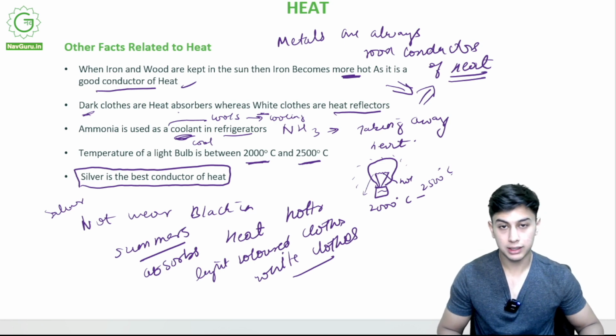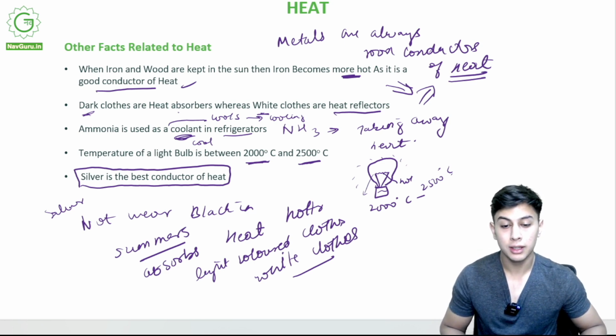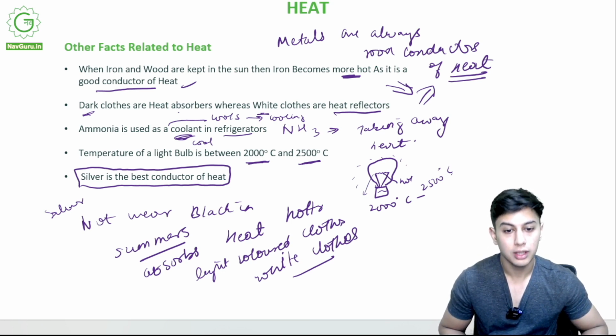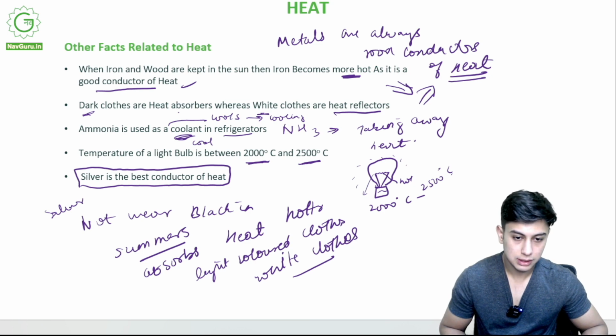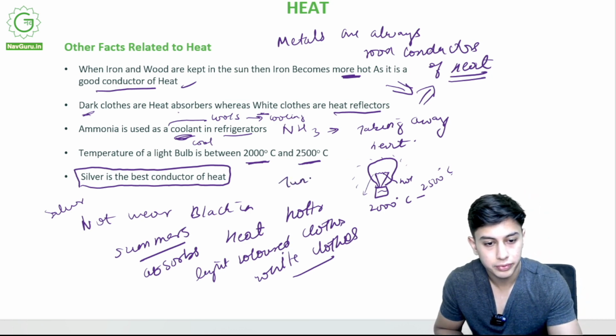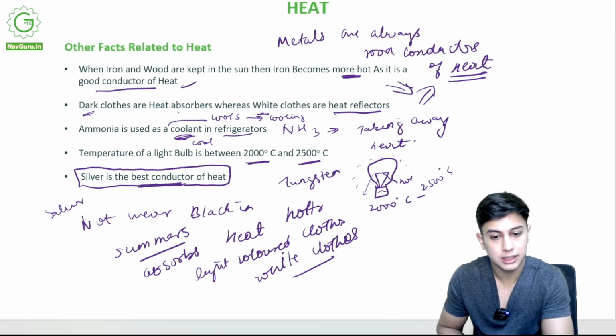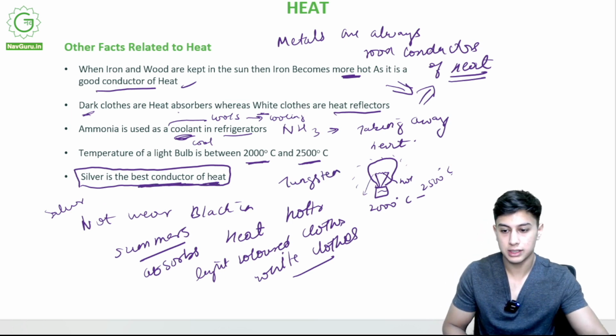It will conduct electricity, it will conduct heat, it will absorb a lot of heat, but it will melt as well, and we don't want that. We want a good amount of heat to be sustained at some temperature, and that will be in tungsten. But the best conductor of heat is silver.